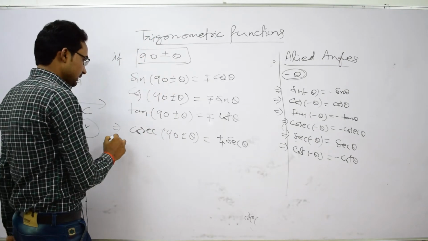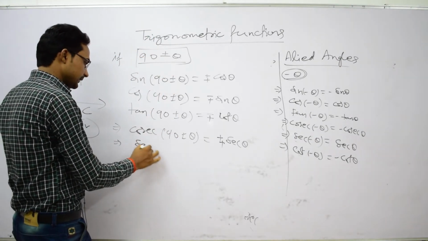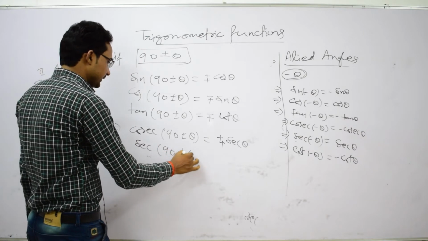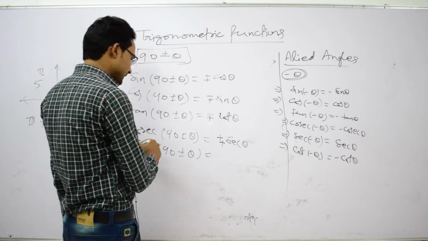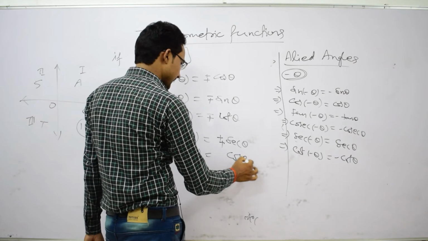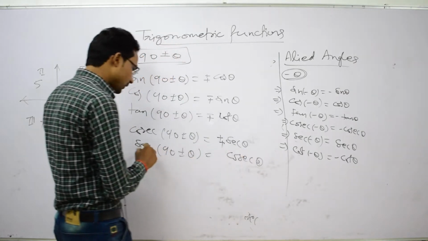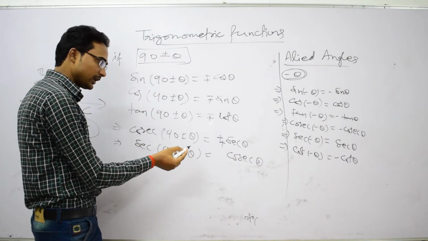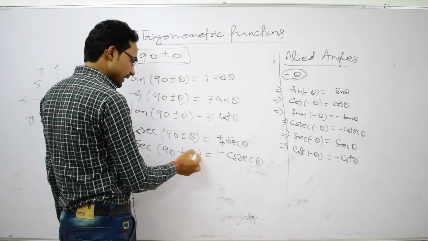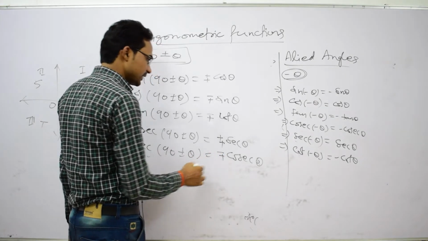Okay. And sec 90 plus minus theta, the reciprocal, that is sec will be cosec, and for sec 90 plus theta, that means second quadrant negative, 90 minus theta first quadrant positive.